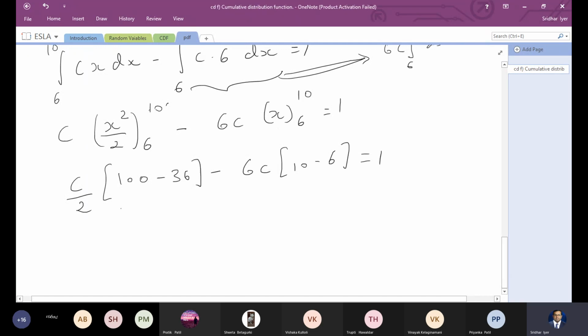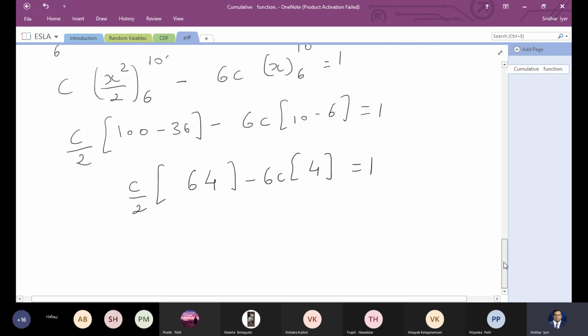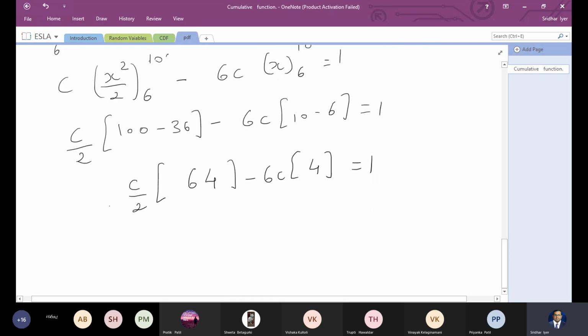Right? So overall, what you'll get from here is c by 2 into 64, minus 6c into 4, so you'll have 32c minus 24c equal to 1.